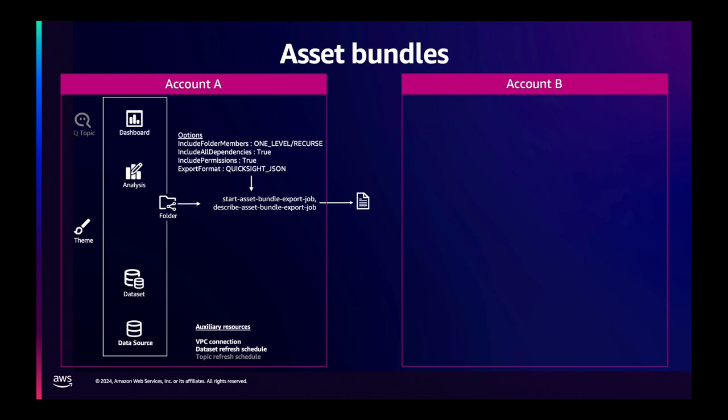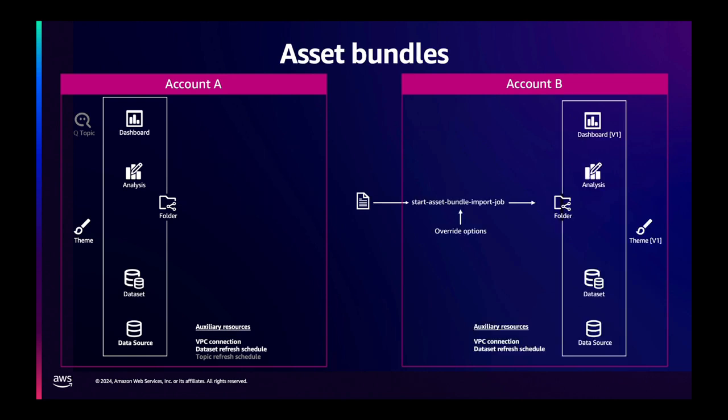So the export job lets you export all these assets within the folder, and then you literally just call the import API, and the import API will copy these assets into the destination, either account or region. We have override options. I'd be surprised if the destination and source accounts have the same data connection; in most cases they don't.